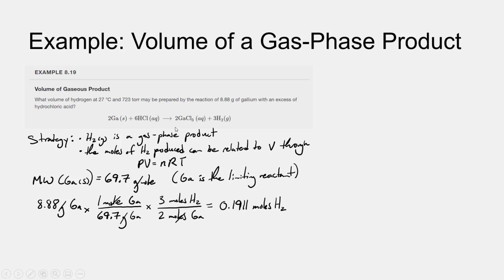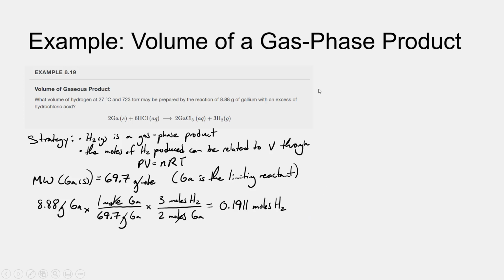Our balanced chemical equation says that we are going to produce 3 moles of hydrogen gas for every 2 moles of solid gallium. We have a stoichiometric coefficient of 2 for gallium and 3 for our hydrogen gas product. If we follow the math, 8.88 divided by 69.7 times 3 divided by 2, we expect to make 0.1911 moles of H2 as a product.